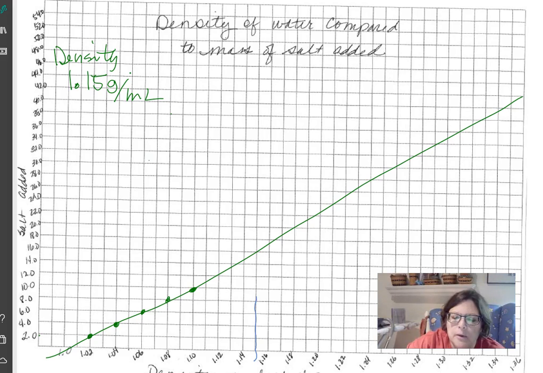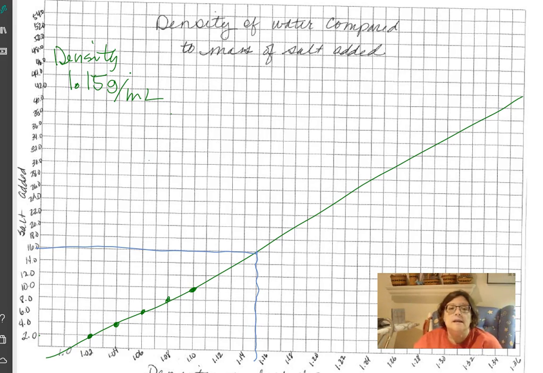I'm going to come up here to where it intersects with my line. In order to have salt water that has the same density as the golf ball, I would need to add 16 grams of salt to 100 milliliters of water. So in theory, that would be the same as the golf ball.